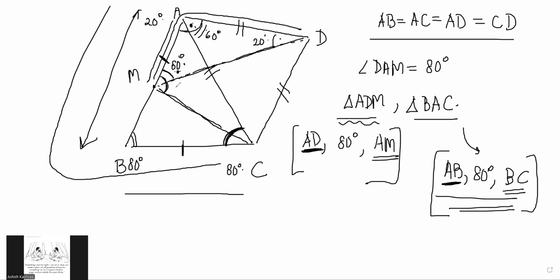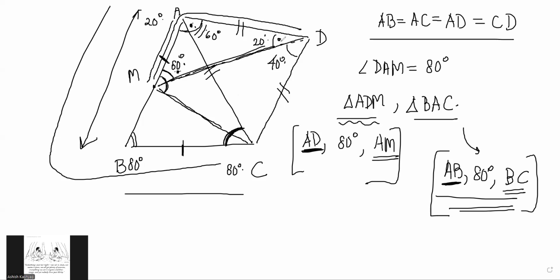Let's think. So CDM, this is 20, then this is 40, right? So now we also know DM length. Is DM equal to AC?